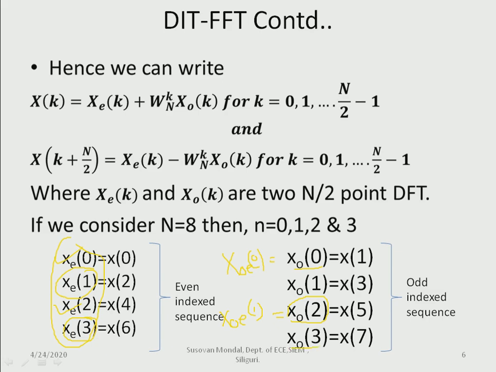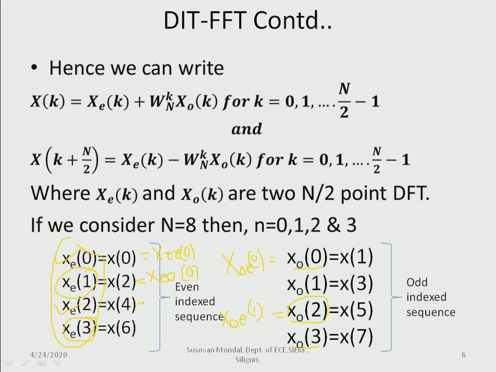Clear? Similarly here, this is called x even of even. This is x even of 0. This is called x even odd of 0. Clear?